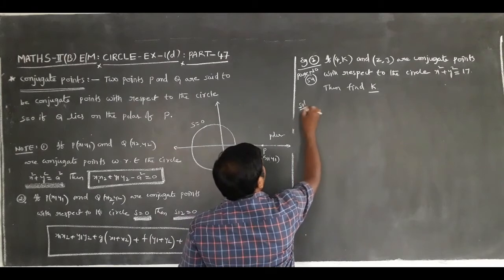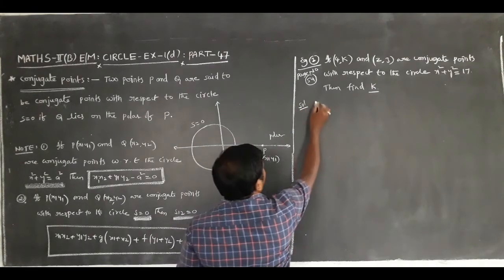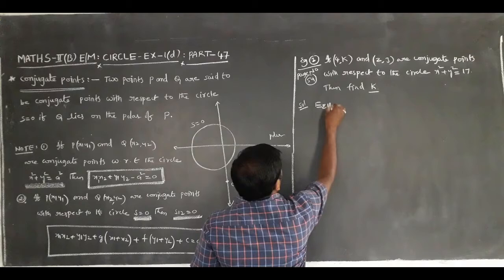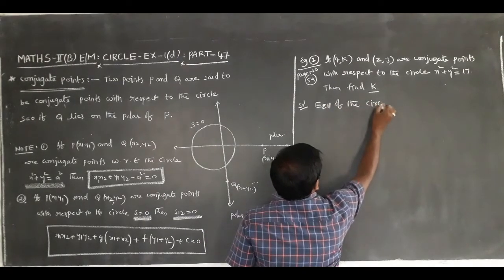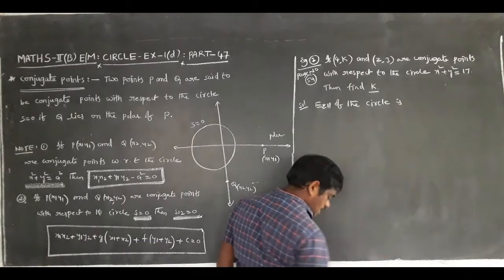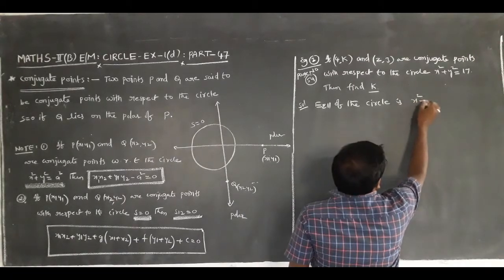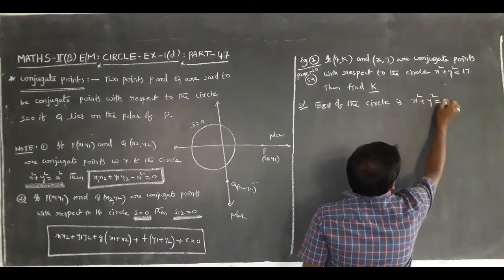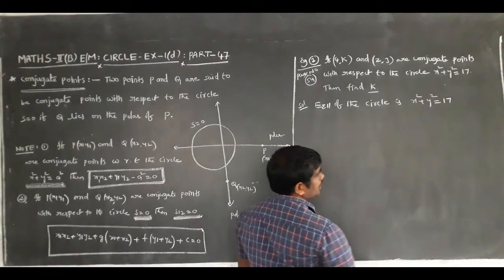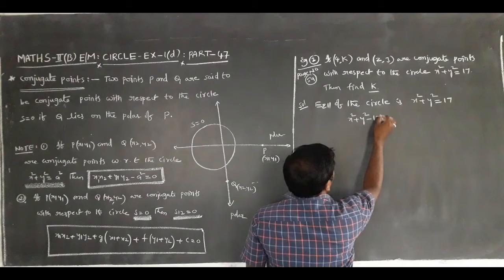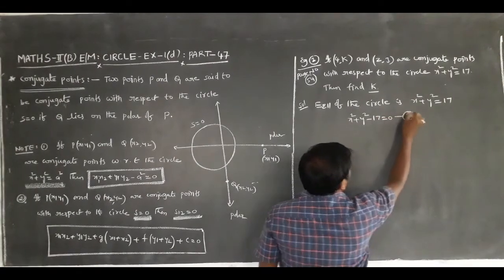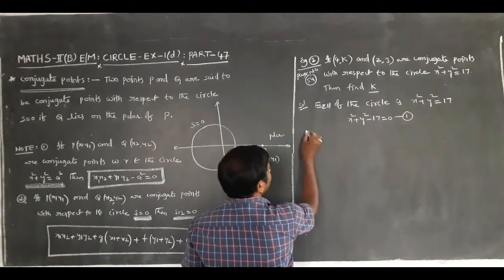Here the given equation of the circle is x² + y² = 17, meaning x² + y² - 17 = 0.